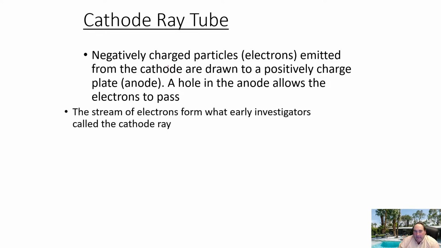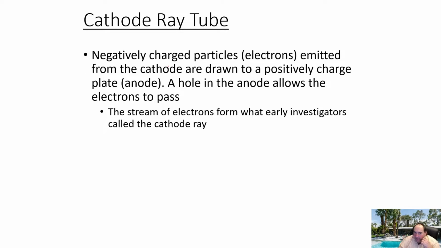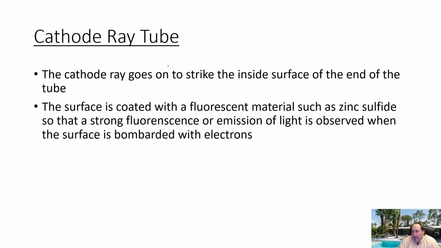So how a cathode ray tube works, as I mentioned, is it will shoot those negatively charged particles like electrons from the cathode side, as it's referred to. It will be drawn to the positive side and allow that stream to pass through. They call that the cathode ray, that stream of negatively charged particles. It would go through there and, like I said before, strike the glass on the other side, which was coated, where you can see where the beam is heading.